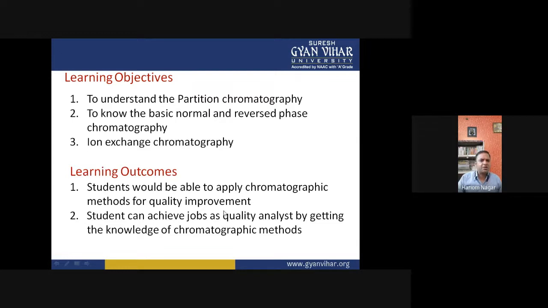So if a student has better knowledge, the basics and the specific knowledge, all-round knowledge about chromatography methods, then you can achieve a job very easily in these types of companies.